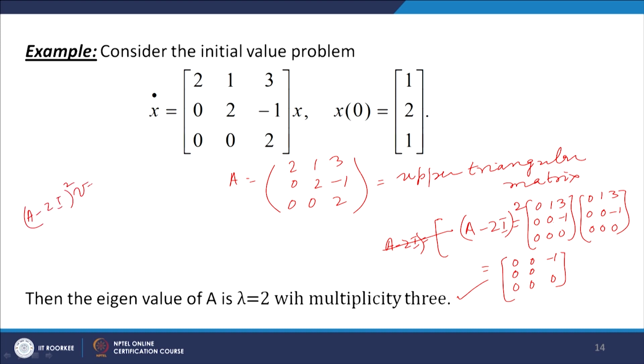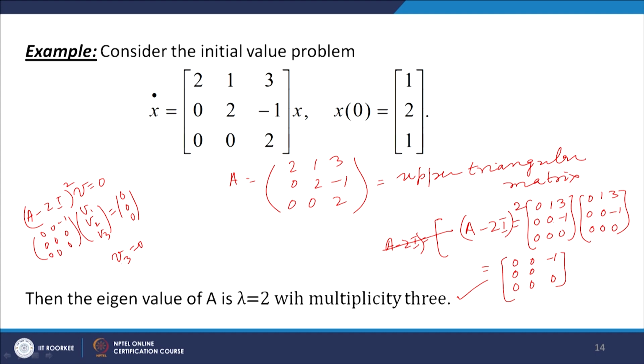Now (A minus 2I) whole square B equal to 0, if you do that, then we get V3 equal to 0. That means B1 and B2 are arbitrary.